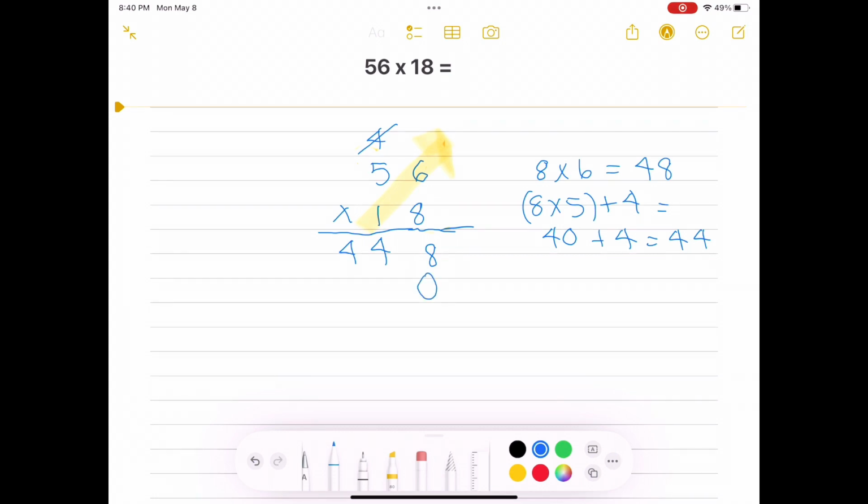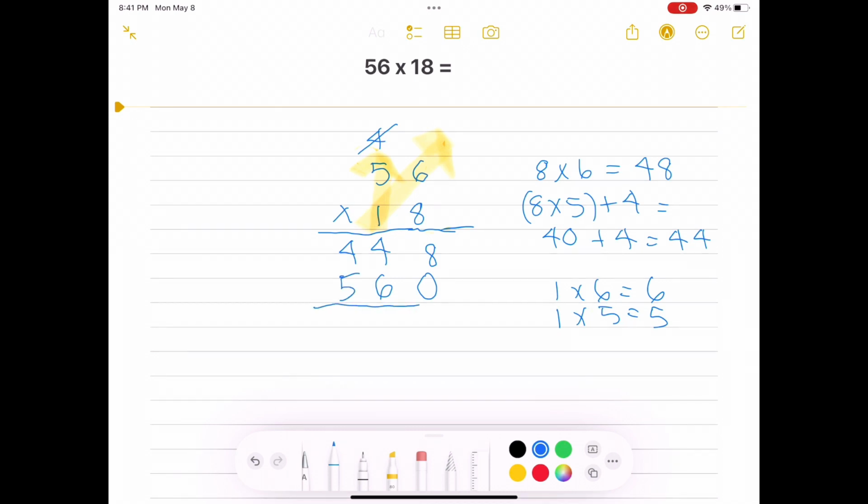But first you write a 0 in your ones column because the 1 is in the tens column. So now you have 1 times 6 equals 6. You write down the 6. And then now you're multiplying the two tens digits together, and that is 1 times 5 equals 5. Write down the 5.